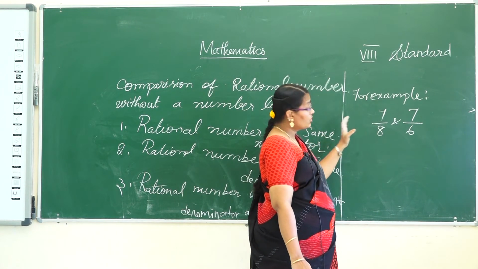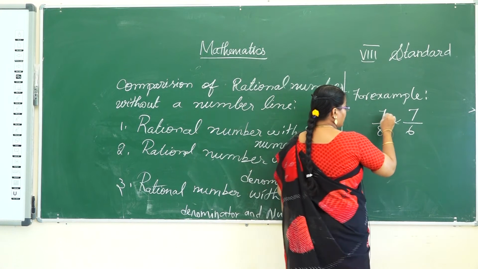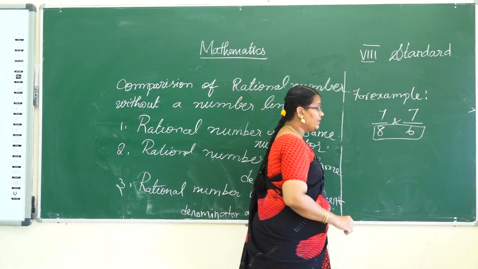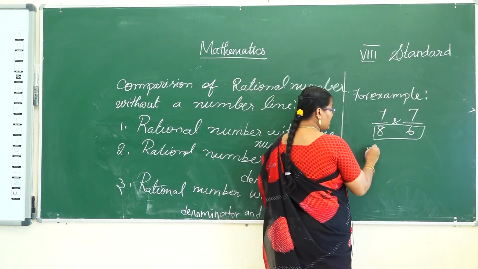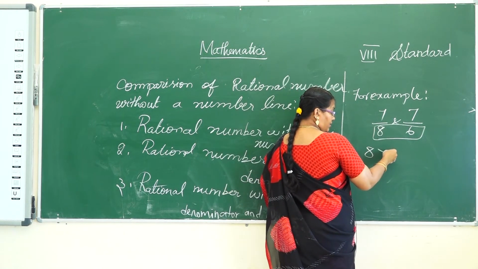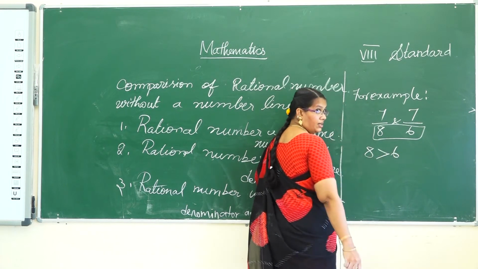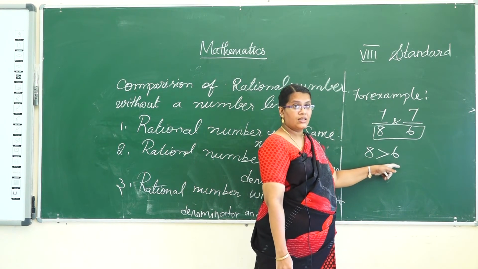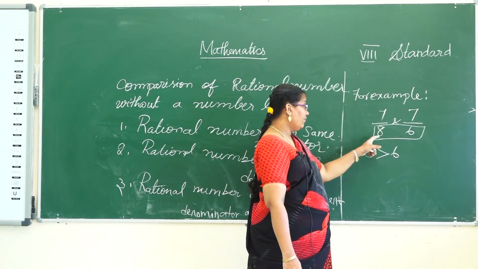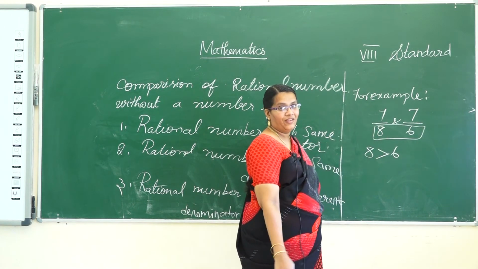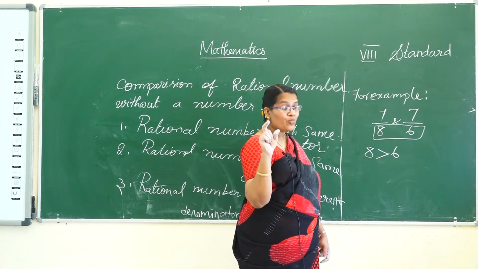Since the numerators are the same, we compare the denominators. Here 8 is greater than 6, so the greater the denominator, the smaller the fraction.